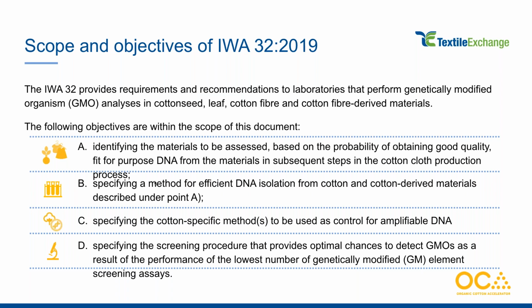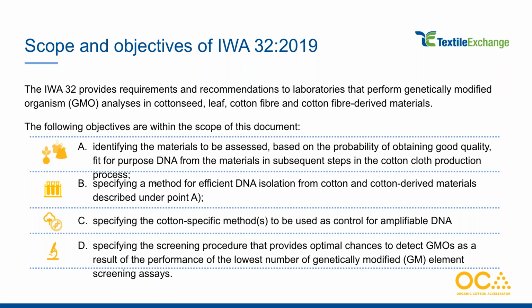And last of all, how do you get the most cost-efficient way of screening against all the known GMOs out there in the world, to make sure that you really check all elements and GM events that are there?